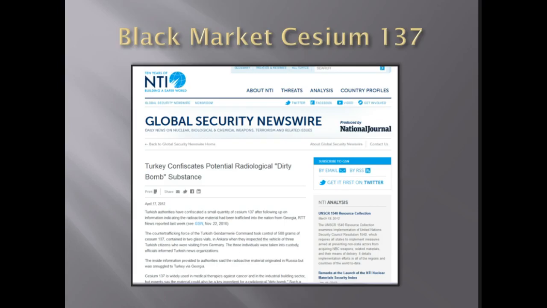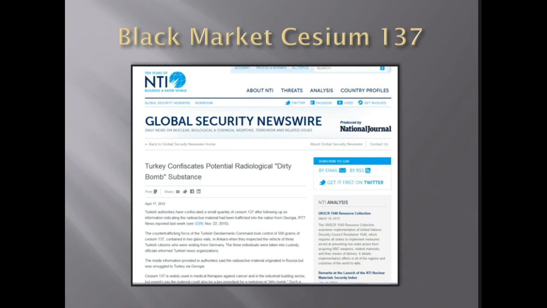Black market Cesium-137. The biggest concern here is that fissionable radioactive material may be smuggled out of the former Soviet Union and, unfortunately, sold to potential terrorists. The article you're viewing here on the screen is an example of an individual who was trying to smuggle cesium across the border, but they were intercepted by the Turks.